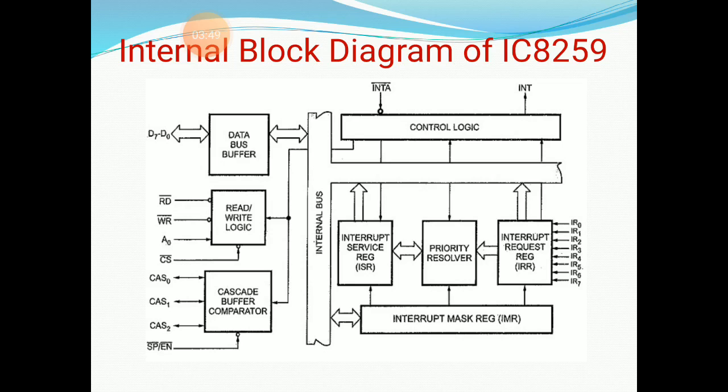The ISR is the interrupt service register. This is an 8-bit register which provides information about the interrupts which are being served. And IMR is the interrupt mask register. It is an 8-bit register which contains information about the interrupts which are masked. The priority resolver resolves the priority among the 8 interrupts.